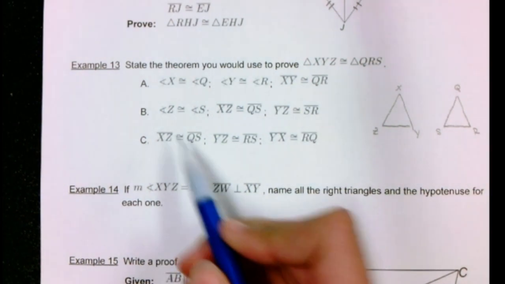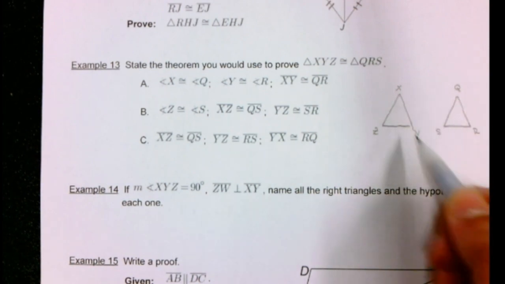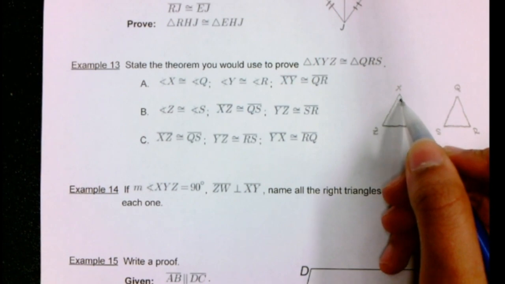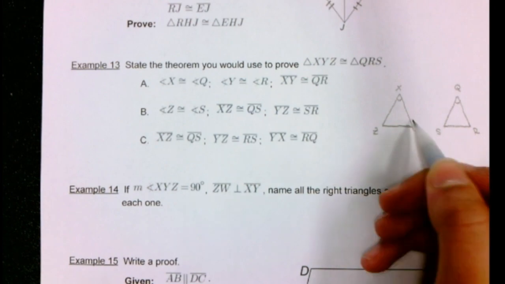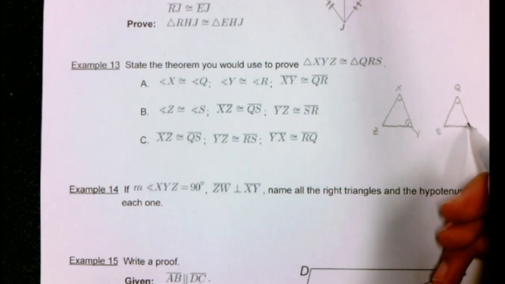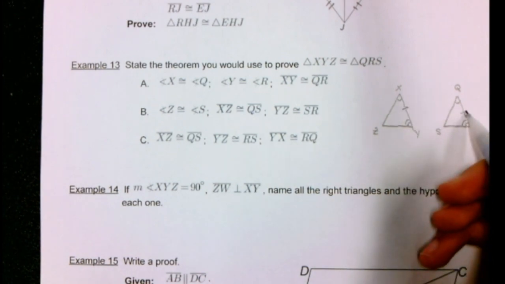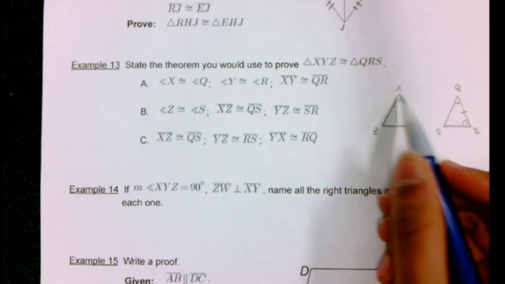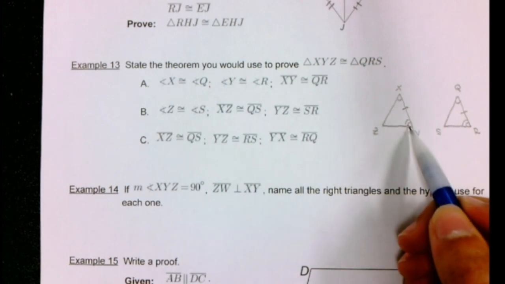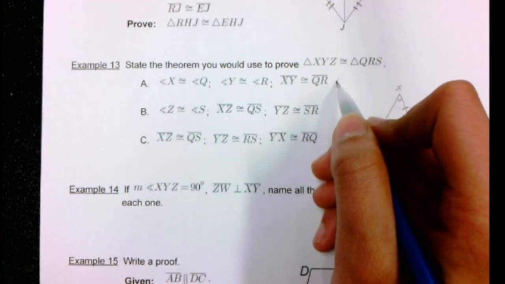So if we know that angle X is congruent to angle Q, and angle Y is congruent to angle R, and that these sides, XY and QR, are congruent to each other, we would use the ASA, so angle, side, angle theorem, to prove these two triangles congruent.